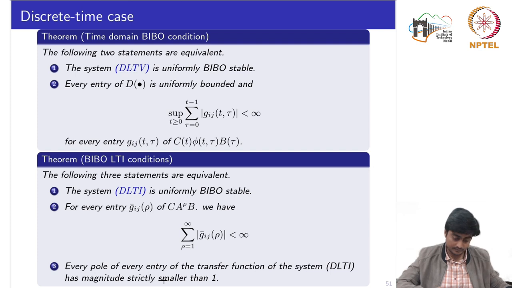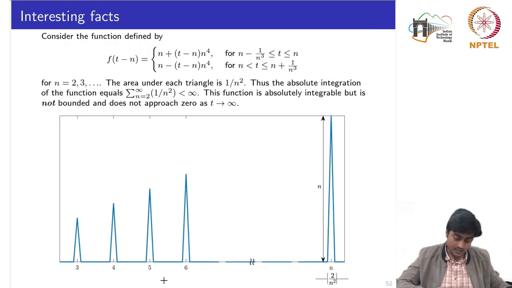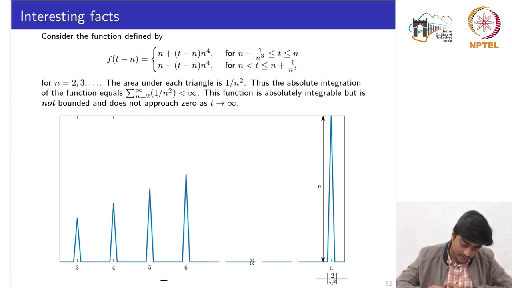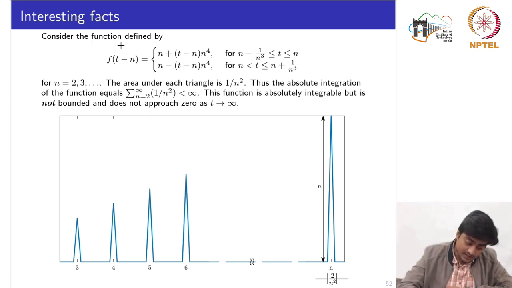There are some interesting facts which we can see now. Consider a function which is defined by this relationship. This is a continuous time function where n is an integer starting from 2, 3 and so onwards. If we plot this function, this is the plot we have obtained.